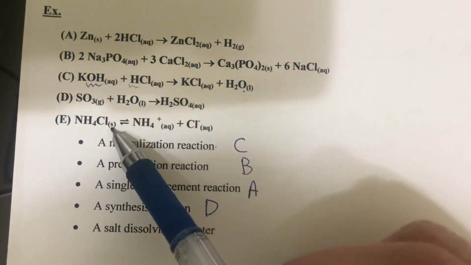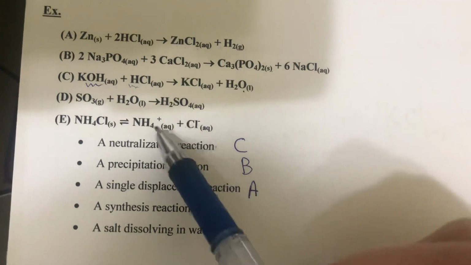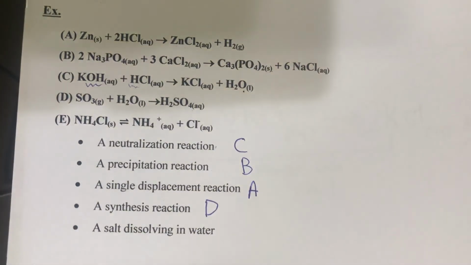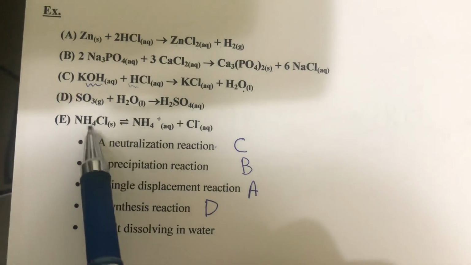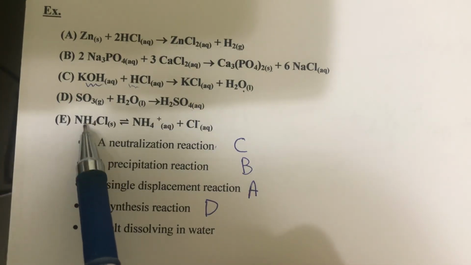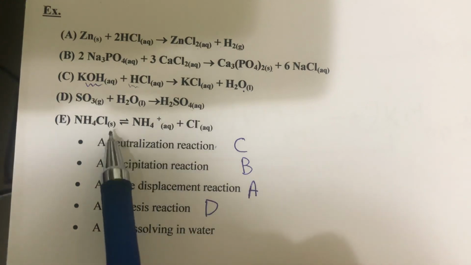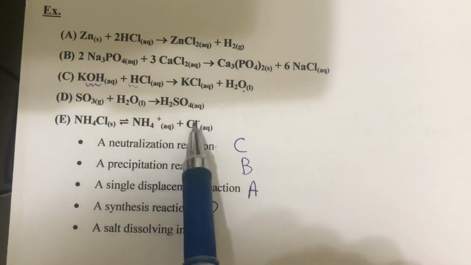Now what about here? Here you have a solid state and ions. It's not a decomposition. For a decomposition reaction, if you remember, it's one reactant. But here, this one reactant decomposed to ions. So it's called dissociating to ions.